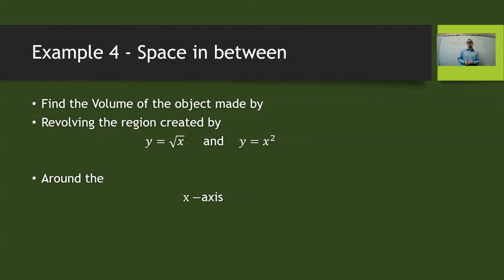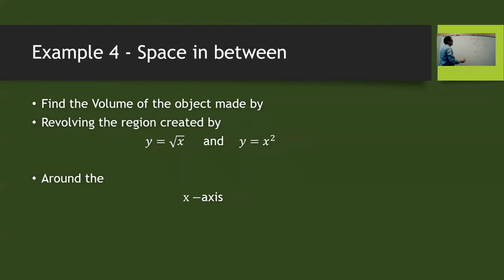If you go back to examples 1, 2, and 3, all of those turned out to be completely solid objects. So the volume was just this nice solid figure. We can do it with one integration.